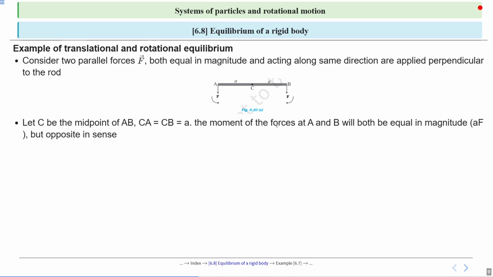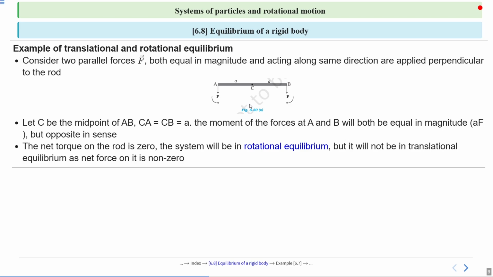So the moments of the forces at A and B will both be equal in magnitude, that is AF, from C to A. And if we talk about CB, it will also be AF, but in the opposite sense. So the net torque on the rod is 0. So the system will be in rotational equilibrium, but it will not be in translational equilibrium, as the net force on it is non-zero. Here the important concept is this.